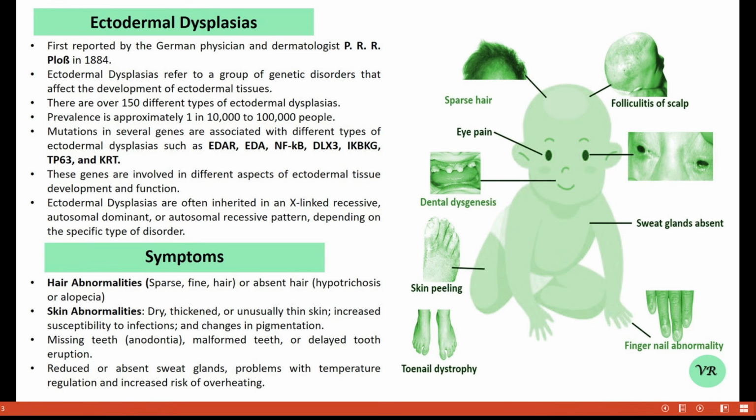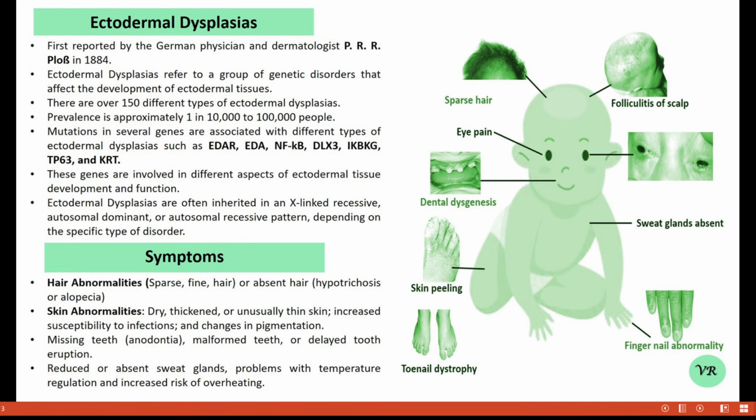Keratin genes are associated with various ectodermal dysplasias that involve skin, hair, and nail abnormalities. These genes encode keratins, which are structural proteins important for skin and hair integrity. All these genes are involved in different aspects of ectodermal tissue development and function, and mutations can lead to the diverse clinical manifestations seen in ectodermal dysplasia.